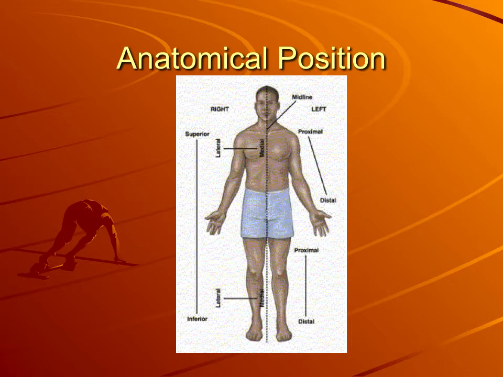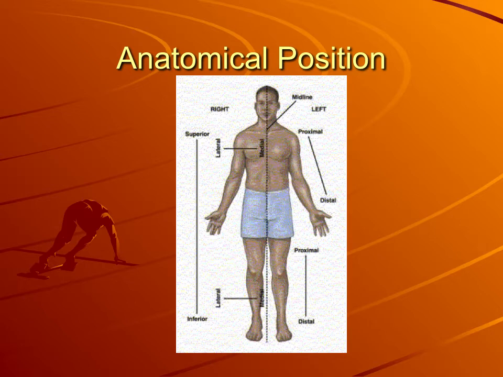In anatomical position, we refer to the human body as if we are standing erect with our legs shoulder width apart, our arms to the side, palms facing forward. And anatomical position defines directions. And so it's always the specimen's direction, the patient's direction, no matter what position they're in, whether they're laying down. And so the midline goes through them as if they were standing erect.